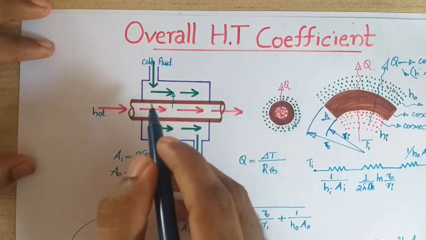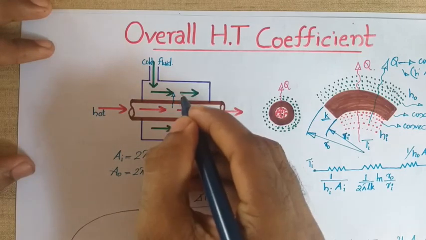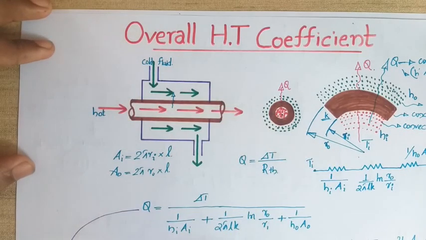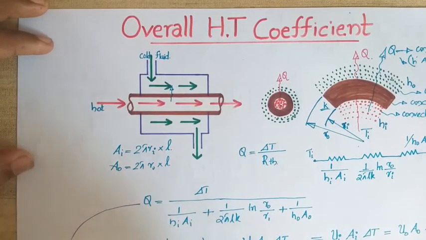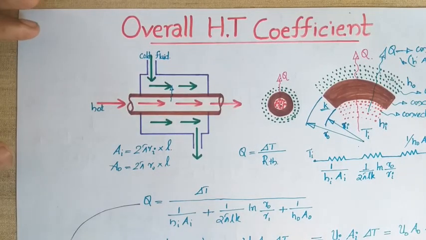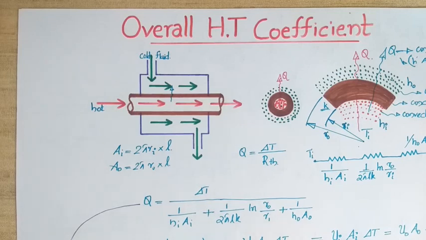So here you can use this overall heat transfer coefficient for finding the amount of heat that is exchanged. We will analyze that in detail, and in the next video we will be studying the logarithmic mean temperature difference method, which is used for finding the heat exchanged in this heat exchanger. Okay, thank you.